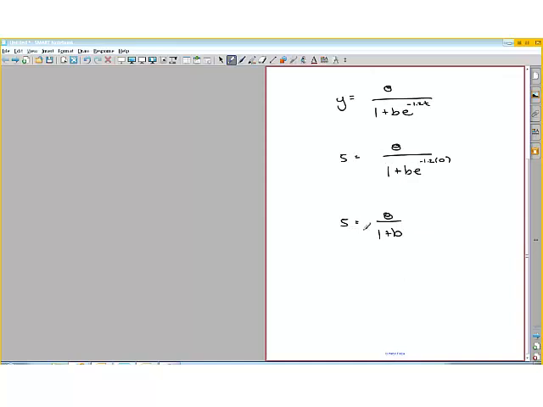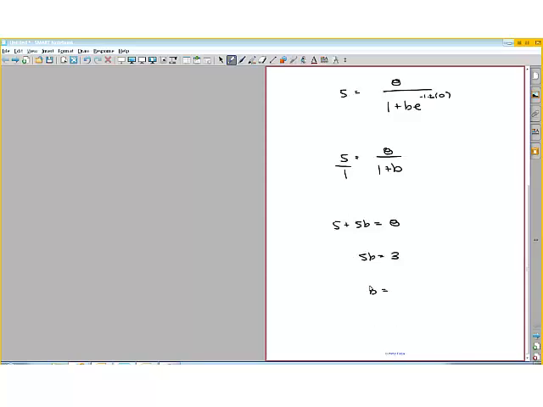If we cross multiply, we get 5 plus 5b equals 8. So 5b is equal to 3 because we subtract 5 from both sides, and we get b equals 3/5 by dividing both sides by 5.